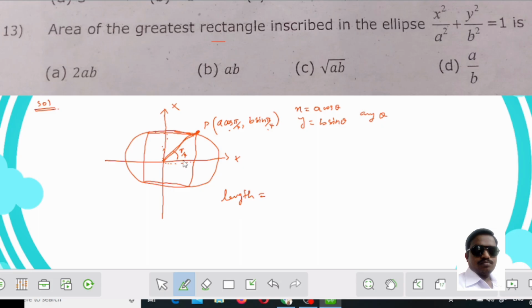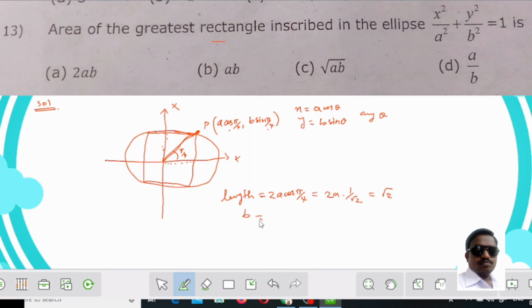To find the total length, you multiply 2 with the x coordinate: 2 into a cos pi by 4, that means 2a into 1 by root 2. This becomes root 2a units length.